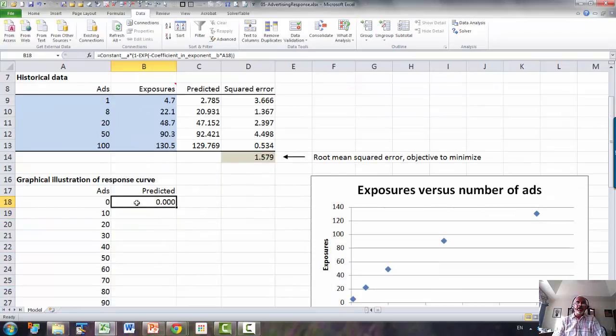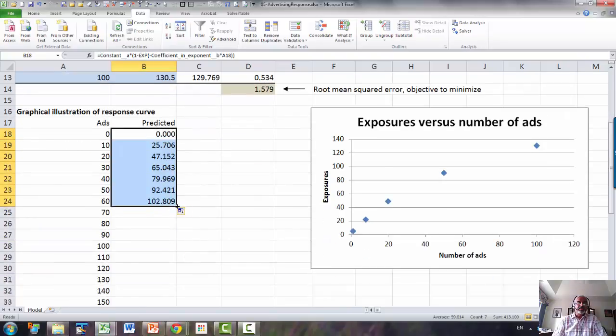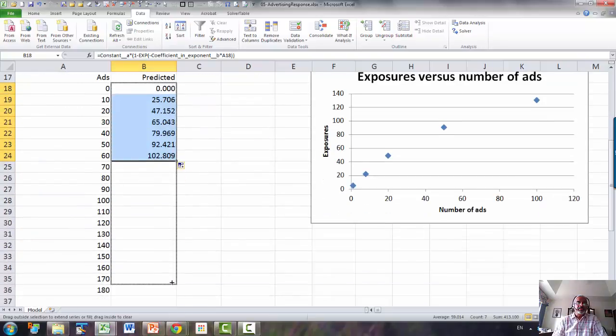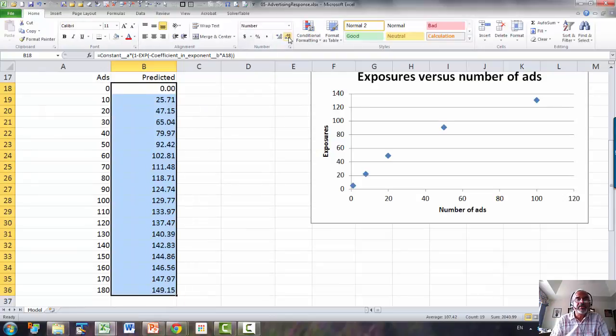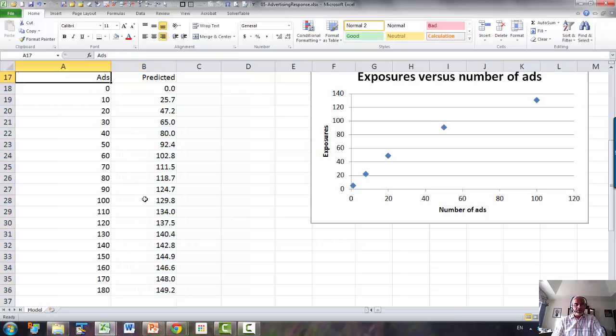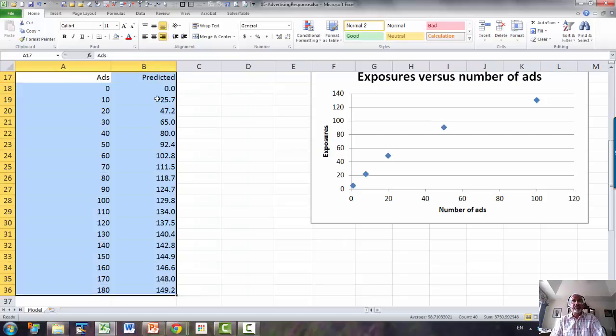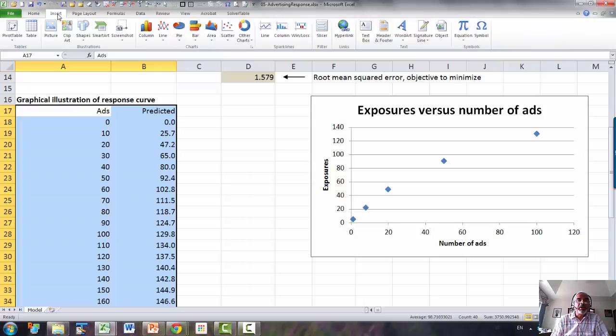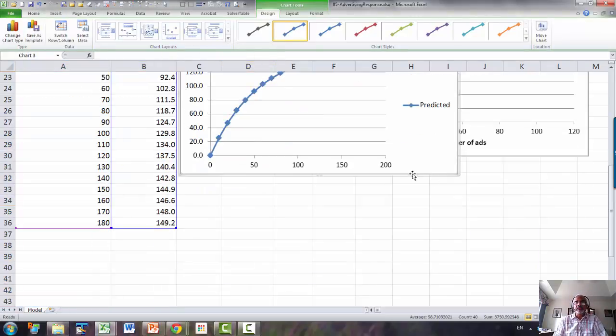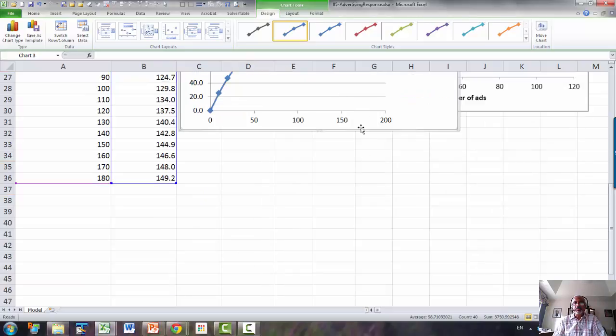If we run no ads, we're going to have no exposures. Let's reduce the number of decimal places here to just one. Now we want to plot the predicted on the y-axis and number of ads on the x-axis. So let's plot that as a scatter plot, and put the plot down here.